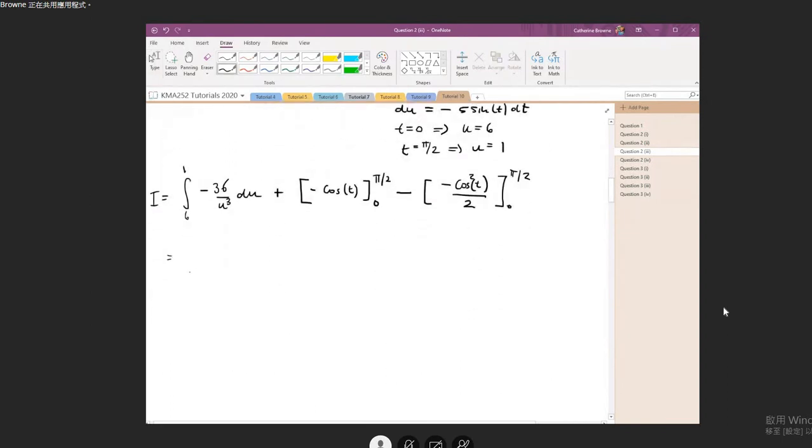I get 18 on u squared from 6 to 1 minus cos pi on 2 minus cos 0 plus cos squared pi on 2 over 2 minus cos squared 0 on 2.